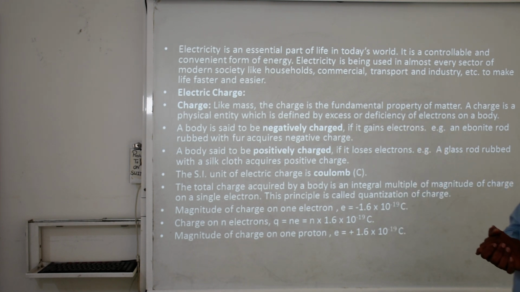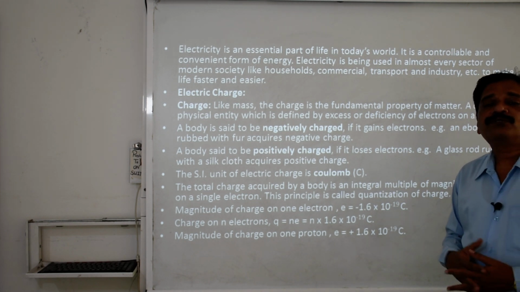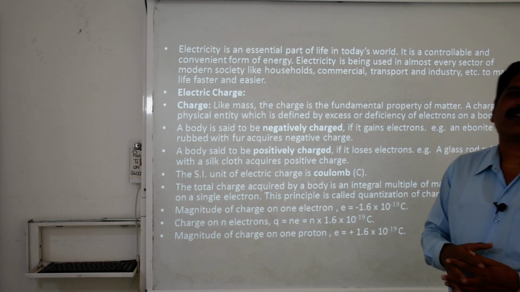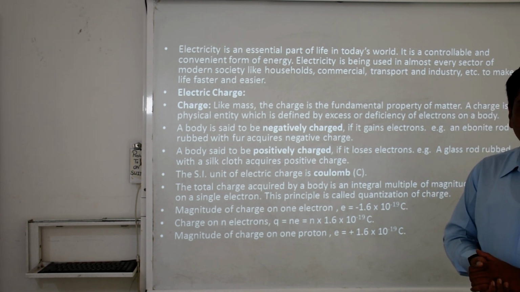So electricity is being used in almost every sector of modern society, like household activities, commercial, transport and industry. All such things make our life faster and easier. As I told you, you can't imagine your day-to-day life without electricity.